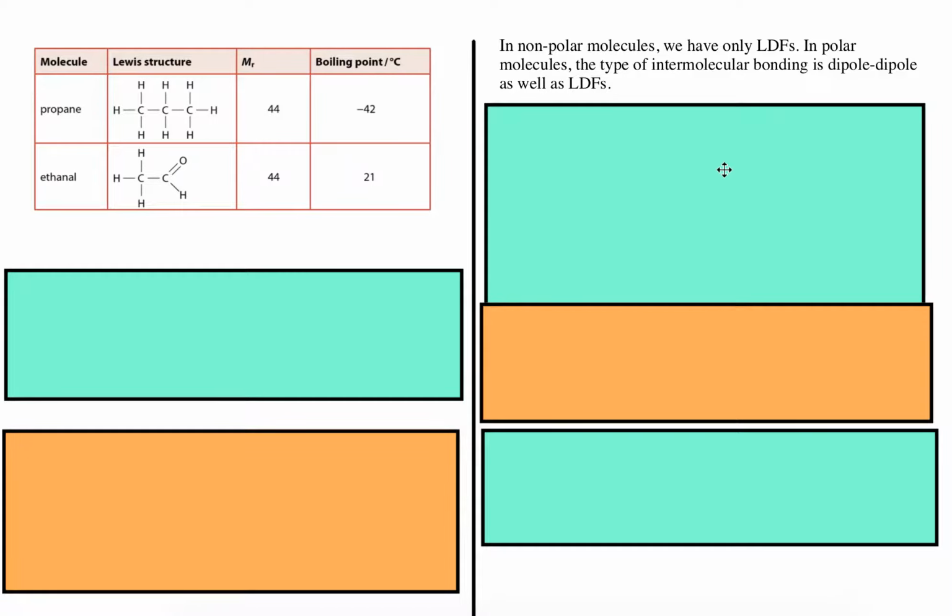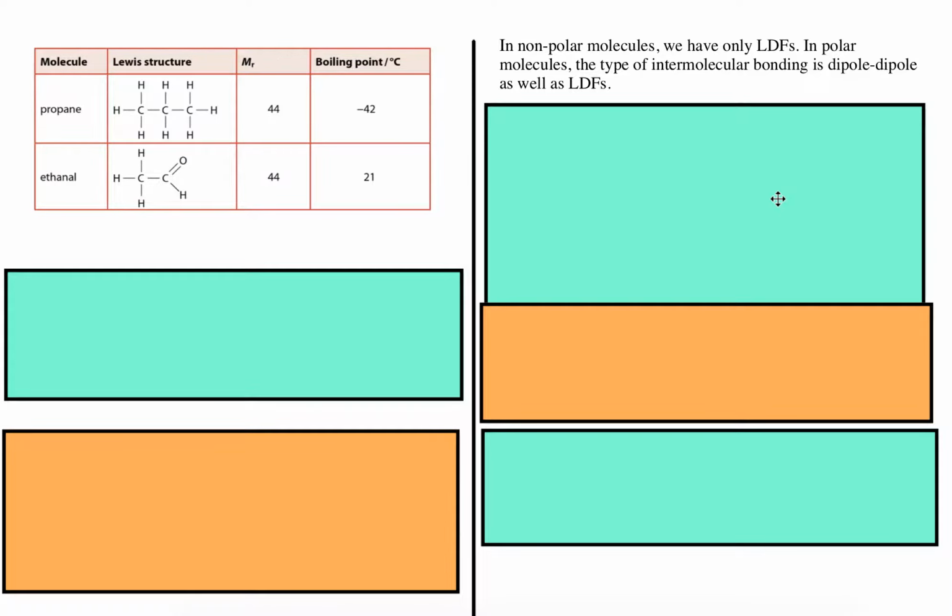We've already learned in nonpolar molecules we have only London dispersion forces, but in polar molecules the type of intermolecular bonding is dipole-dipole. And there is always underlying, when you have a polar molecule, London dispersion forces as well.